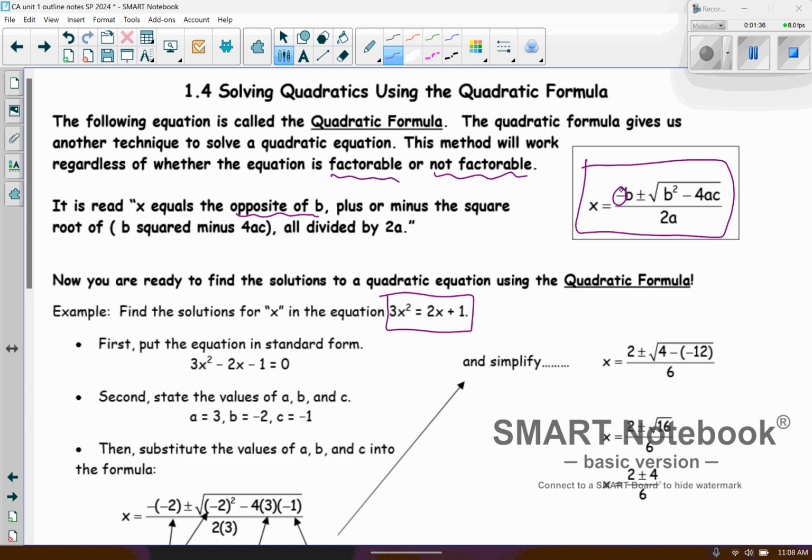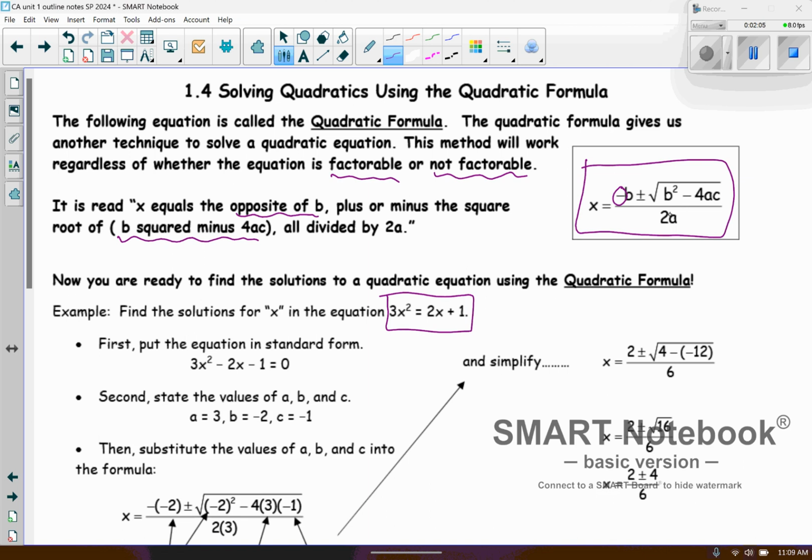So it's negative b, or opposite of b, plus or minus the square root of the quantity b squared minus 4ac. You can see it's in parentheses right here. And then it's all divided by 2a. That's key. Sometimes students accidentally only divide the square root portion, so we want to divide the whole thing by 2a.